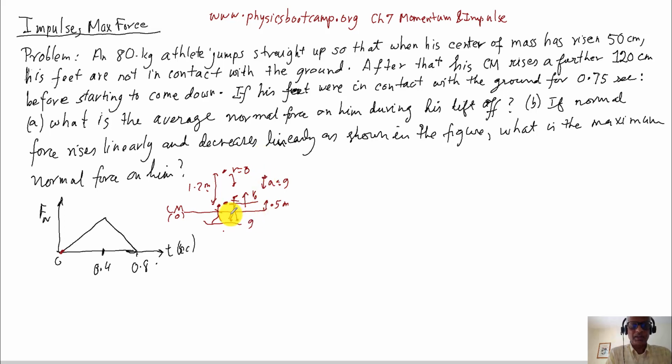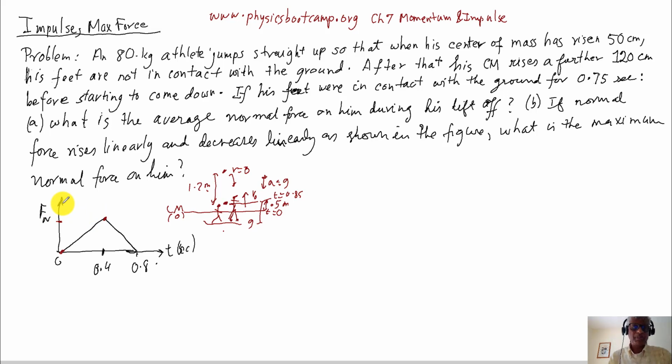We're supposed to find, in this time frame, this is t equals 0.8 second, and this is t equals 0. What's the average force? And then we're supposed to find the peak force. That's part B.